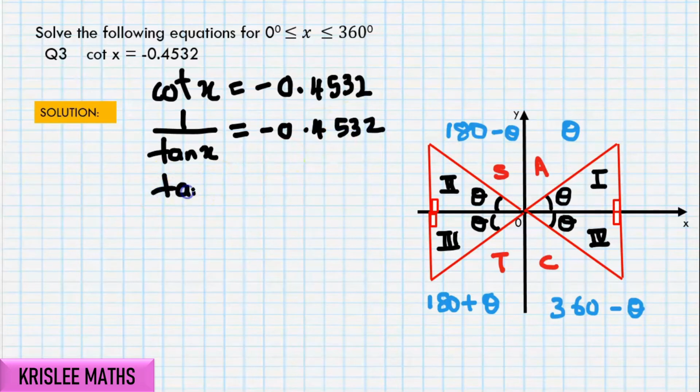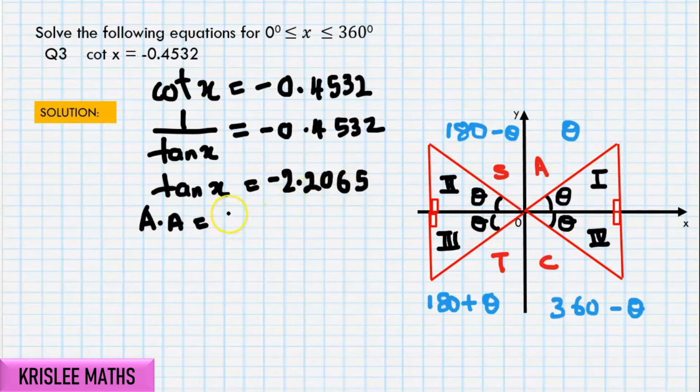Or you may rewrite this equation as tangent x equals negative 2.2065. Okay, so using this, now you can find the acute angle. So use your calculator, shift tangent 2.2065. Remember to use just the positive value, and you will obtain the acute angle as 65 degrees 37 minutes.